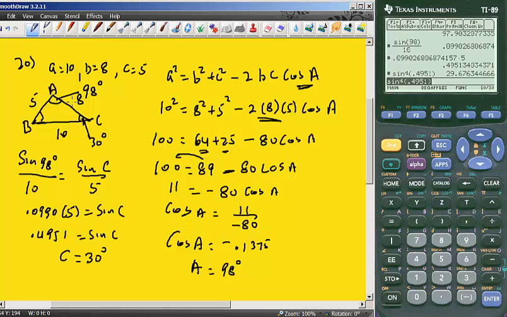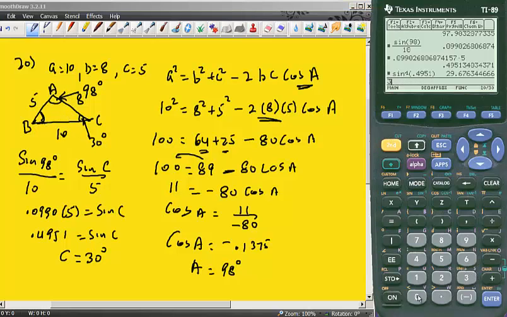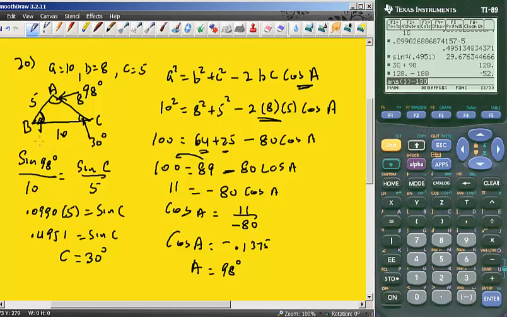How do I find my third angle, angle B? We're going to add 30 plus 98, and that gives us 128, and we're going to subtract that from 180, and it turns out to be 52 degrees. So this is 52 degrees. So we found all the angles and all the sides.